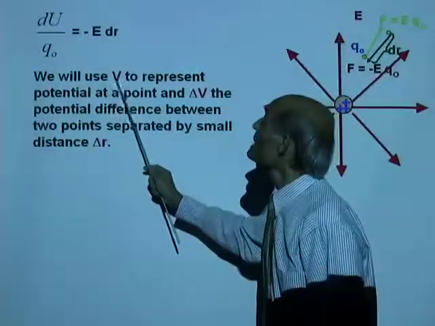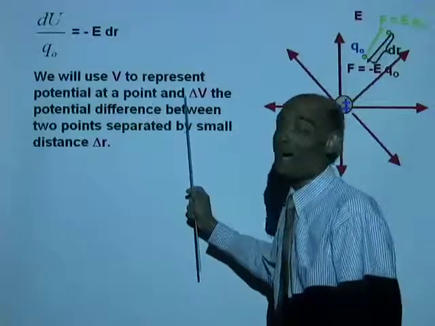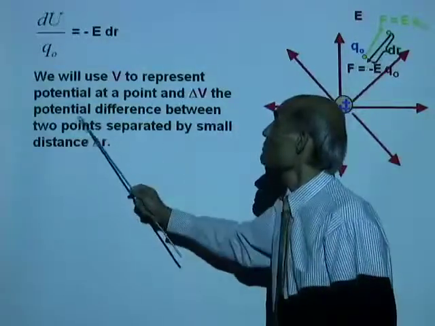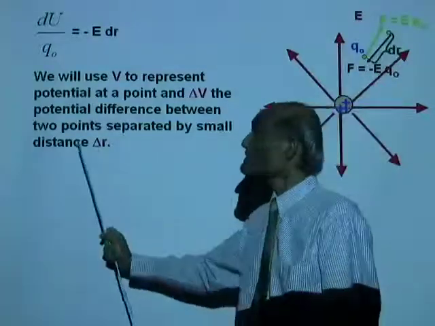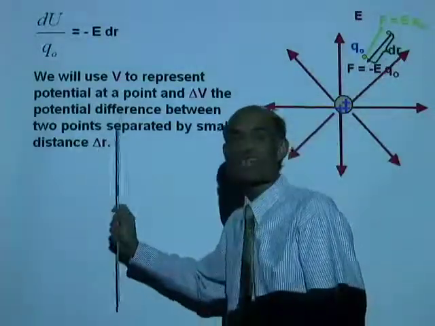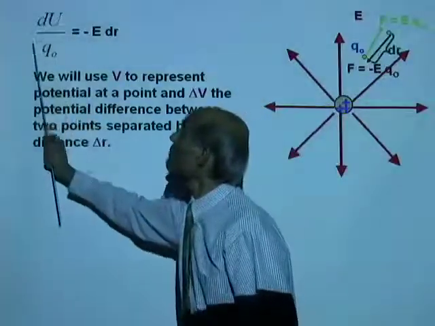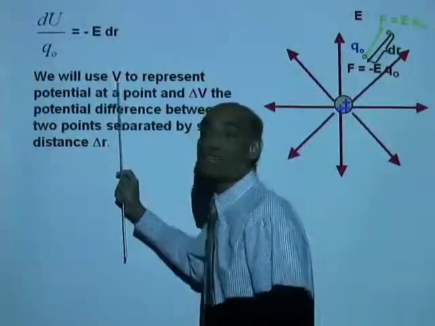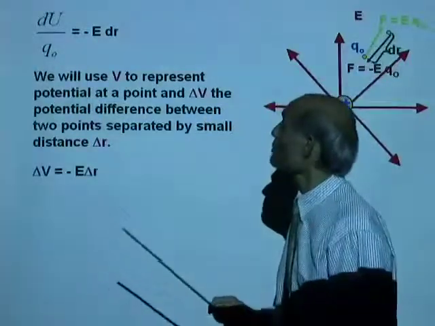We will use V to represent potential at a point, and delta V the potential difference between 2 points separated by a small distance delta r. Then dU by Q0 will be your V, because that will be a measure of the potential.